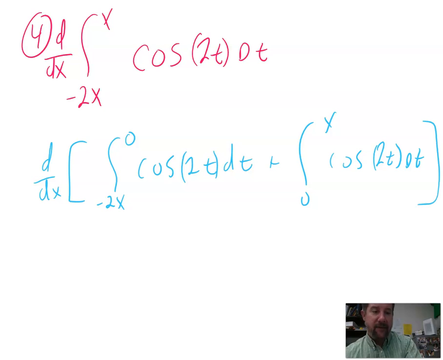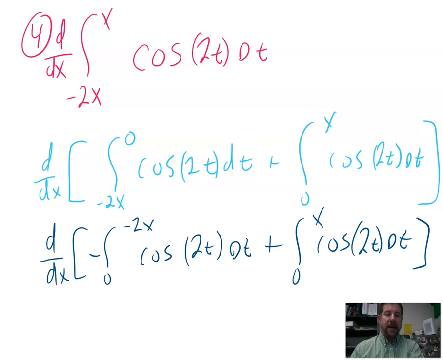But we said, hey, if you split this up, as long as these limits match, that is equivalent to the integral that's up on top there. And now I need to flip this one around so that, again, I have the constants on the bottom. This one's ready to go. This one is not. So I did my negative and flipped things around, and now I'm ready to take the derivative and just plug in.